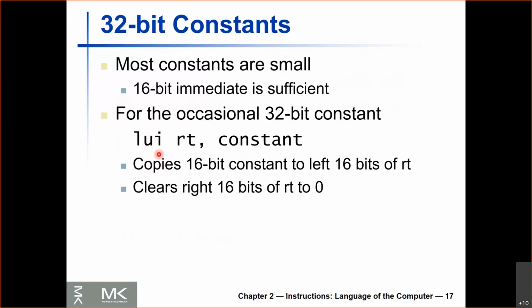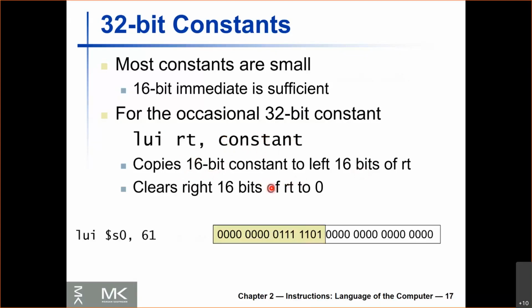Load upper immediate takes a register RT and a 16-bit constant, and you can probably guess that this is represented using the I format. It puts the 16-bit constant in the left part of the word, and it clears the right part of the word.